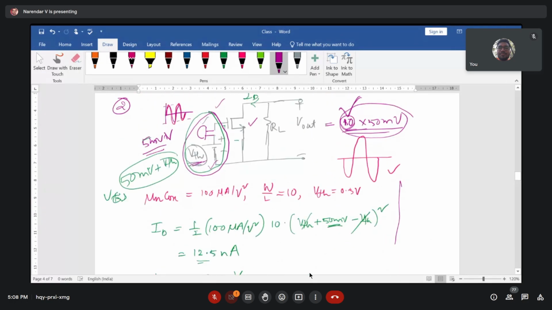So here if you draw it, this is ID and VGS. Exactly at the threshold voltage of the device is this point, VTH. As you apply this, there is a current increment in your transistor, and that current is a very small value, 12 nanoampere, that you can talk about here.